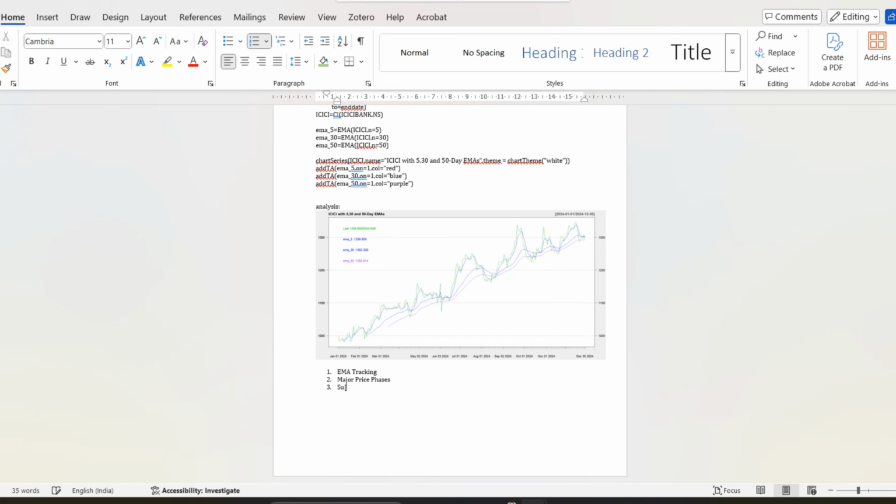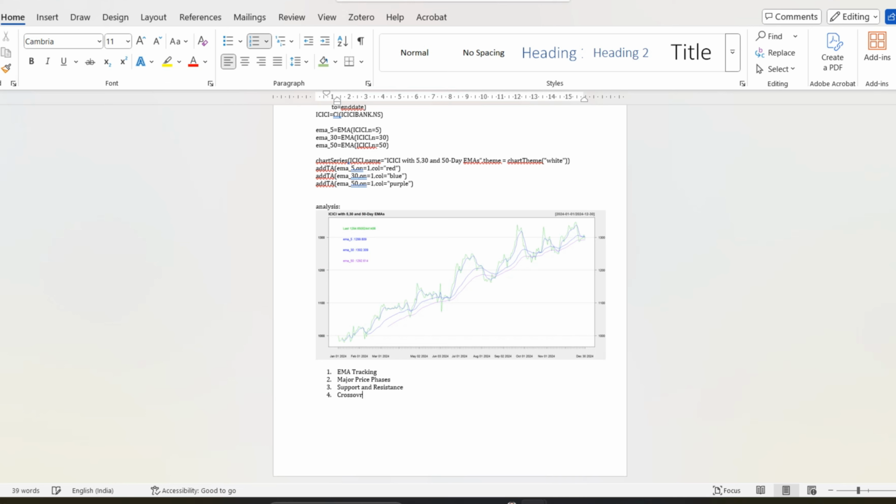Then based on this, support and resistance. We are not considering other factors here. Only based on the chart, we are going to decide support and resistance. Next one, we are going to analyze the crossover.